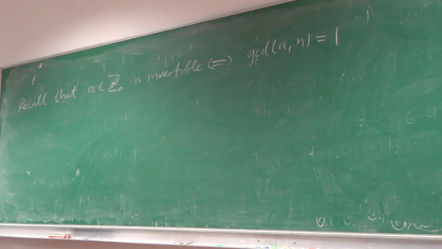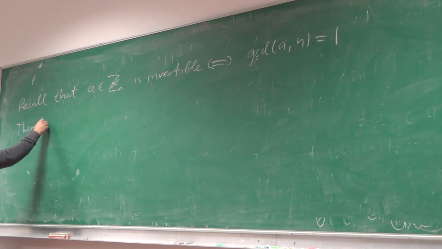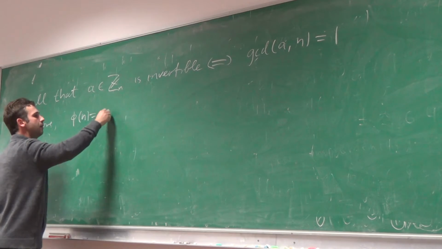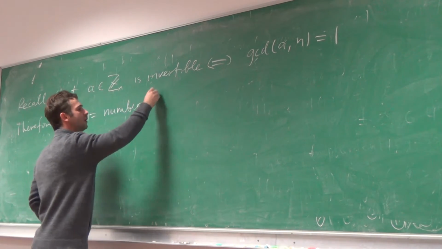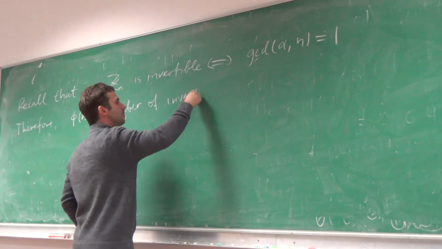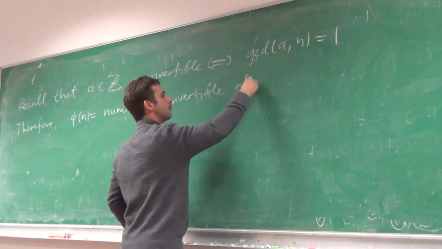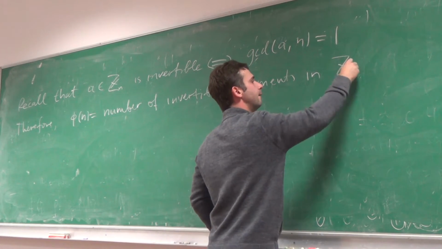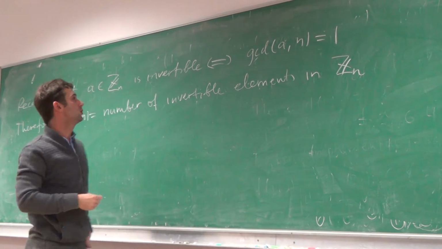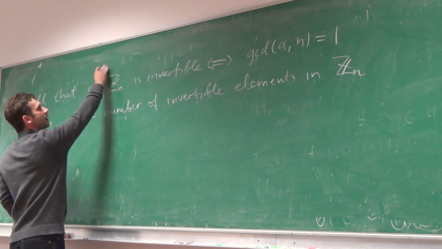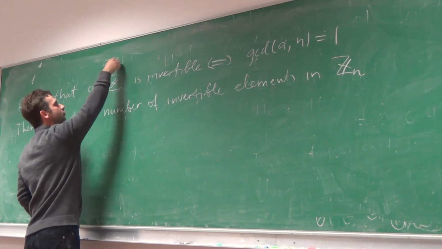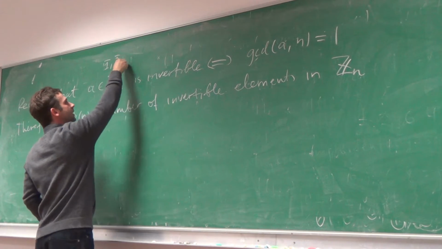Okay, and now, so here is the key observation. Therefore, phi of n is the number of invertible elements in Zn. So why is this true? So you see, typically we write these elements from 0 to n bar, but I could just as well write them from 0 to n minus 1 bar.